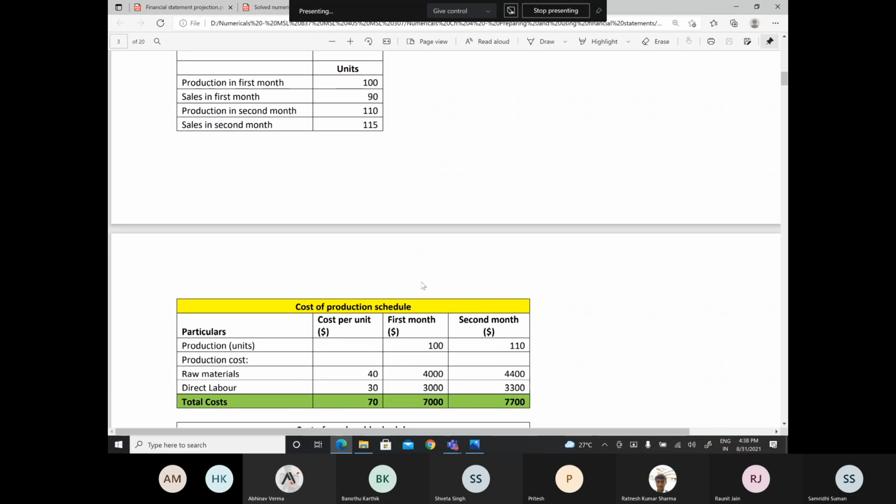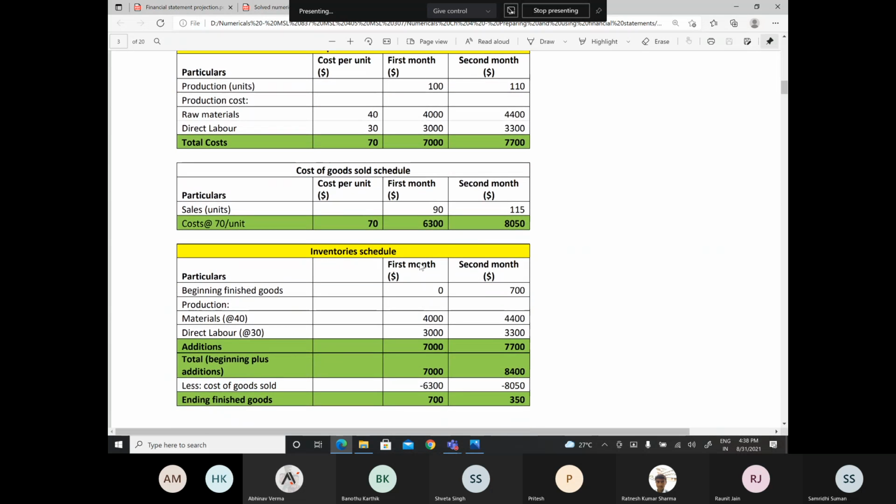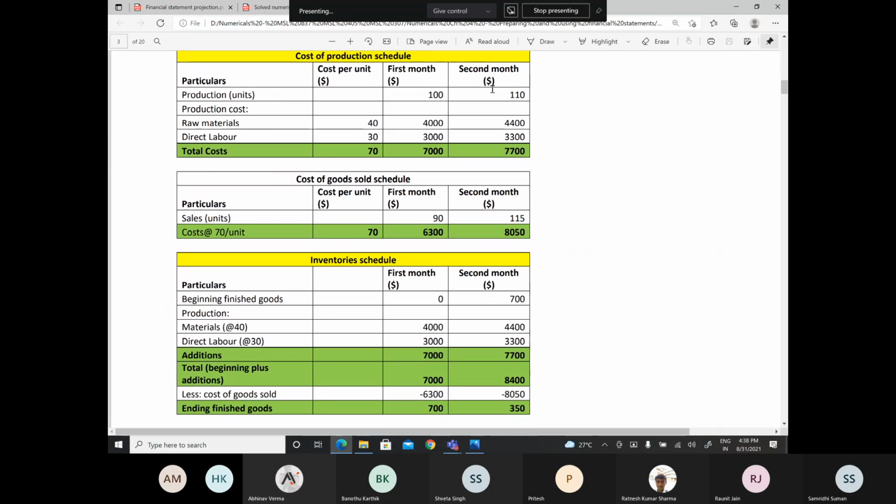Based on this data, first we will calculate the cost of production schedule, for first month and second month. Production units are 100 in the first month and 110 in the second month. Production cost is divided into raw material and direct labor. Raw material cost is 40 per unit and labor is 30 per unit, giving us a total of 70 per unit.